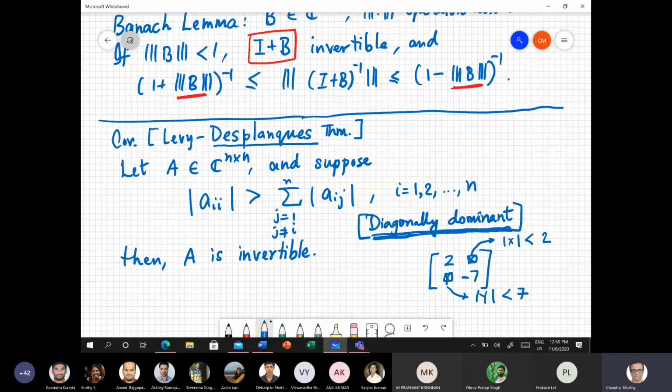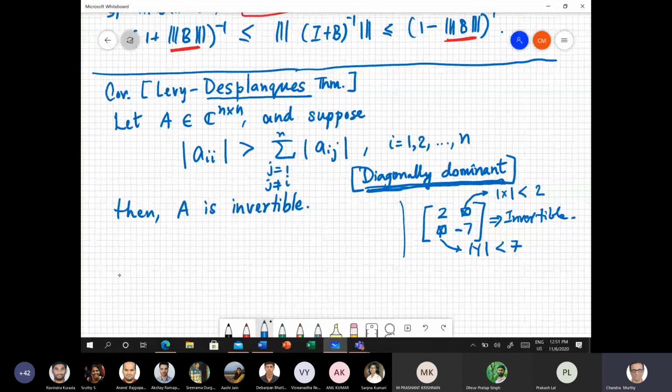You can try your luck with putting down any number here. It could even be a complex number here, this will always be invertible. That's just to give you an idea of what this theorem is saying.